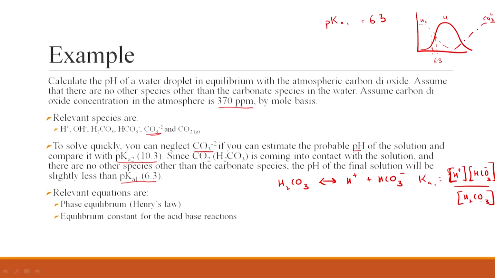That is one equation. Then HCO3 minus is in equilibrium with H plus and CO3 2 minus, so for that I have Ka2: H plus times CO3 2 minus divided by HCO3 minus.